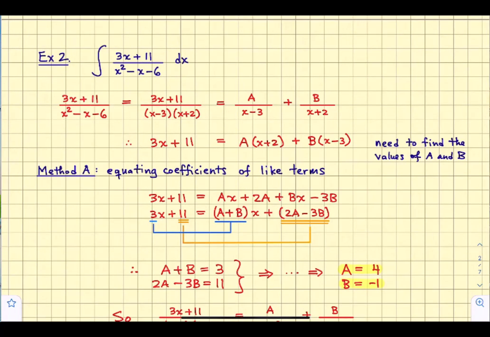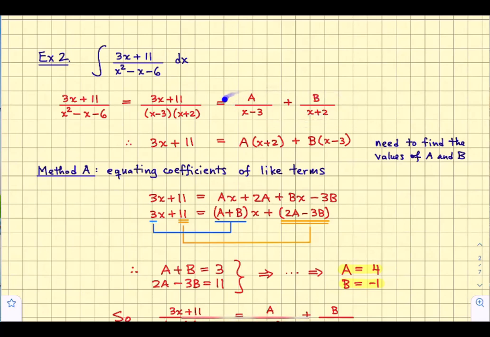So if we take the integrand 3x plus 11 over x squared minus x minus 6, and we factor the denominator into x minus 3 times x plus 2, then case 1 of the partial fraction decomposition says that we should get a constant over x minus 3 plus a different constant over x plus 2.